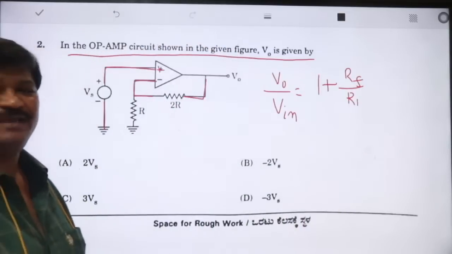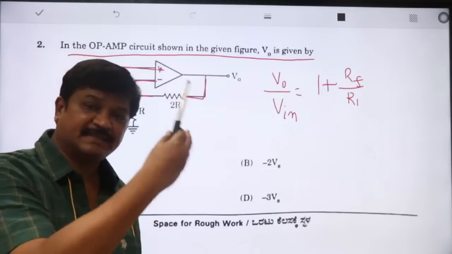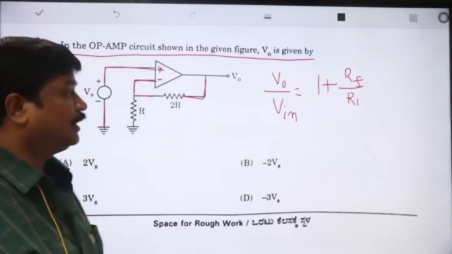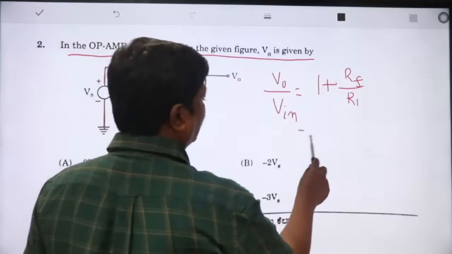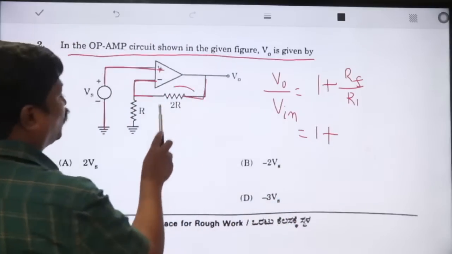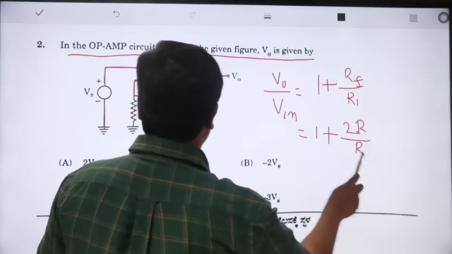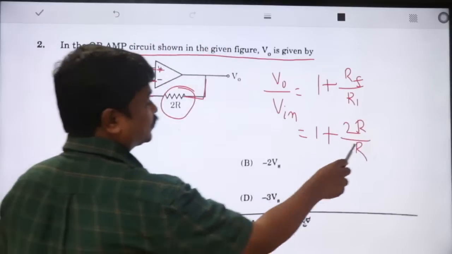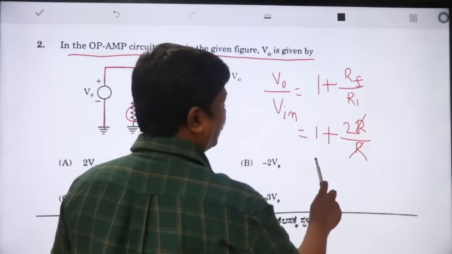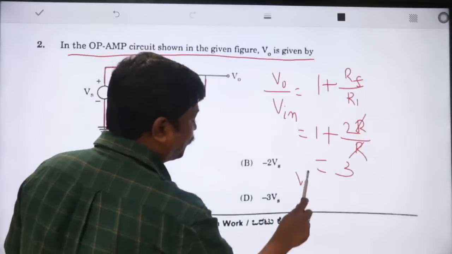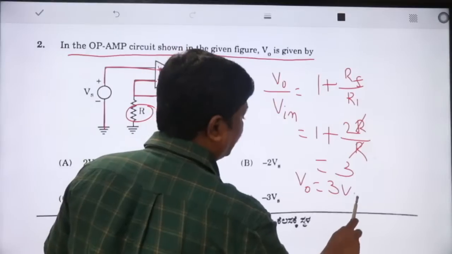This is a very simple question which we discussed in our class also. Rf by R1. So what is the 1 plus? What is the Rf? 2R. 2R divided by R. So this R gets cancelled, 1 plus 2, 3. So your output voltage is equal to 3 times the input voltage.